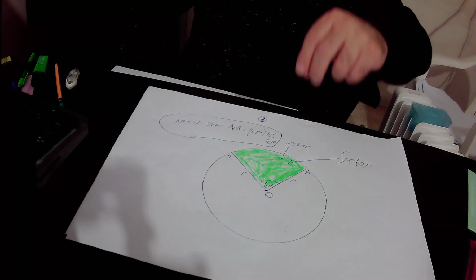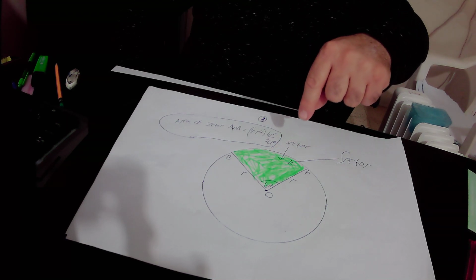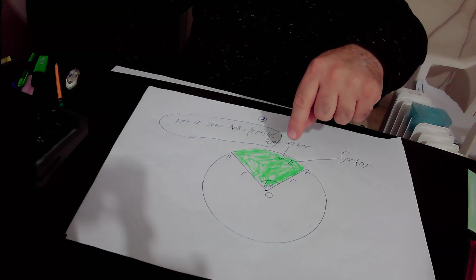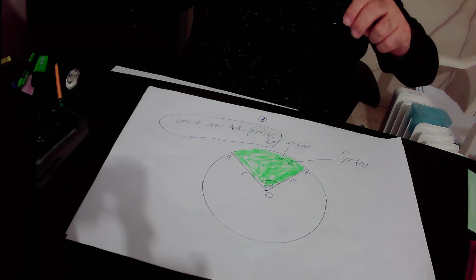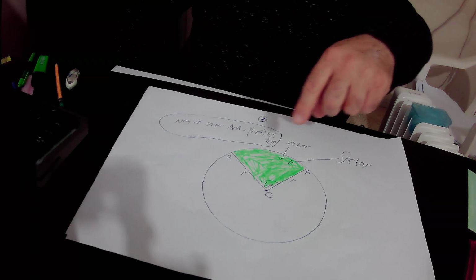So the area of this specific sector equals pi r squared times 60 degrees over 360 degrees, when r is the radius of this circle.